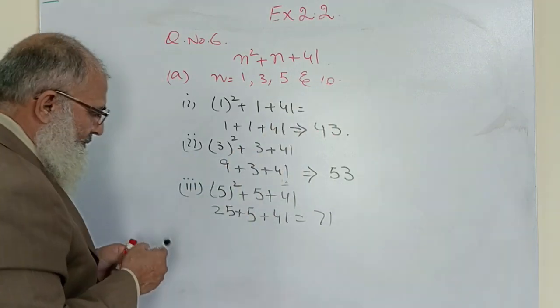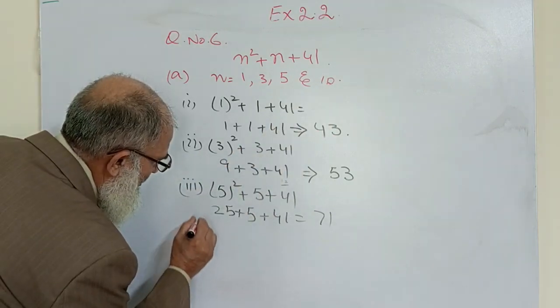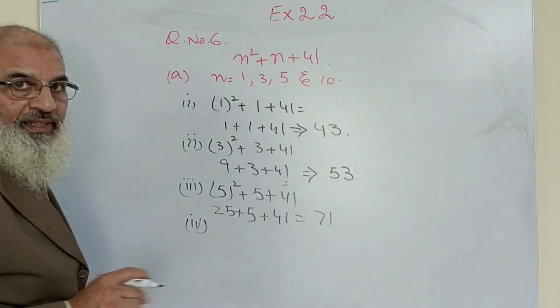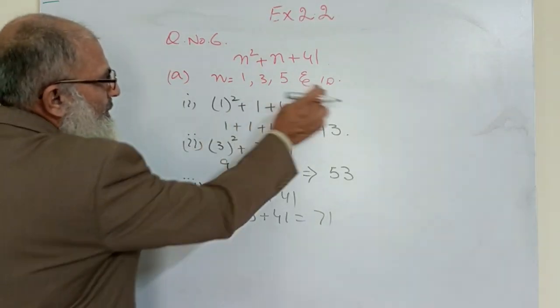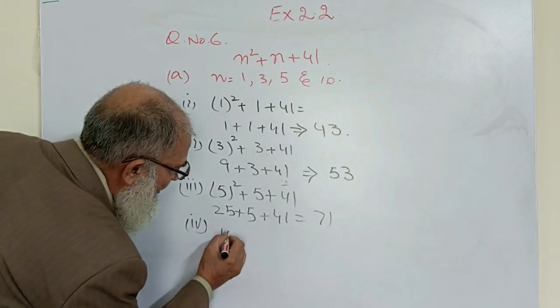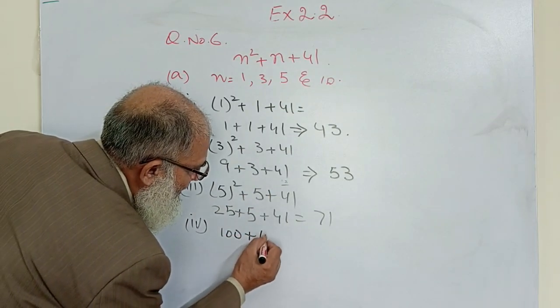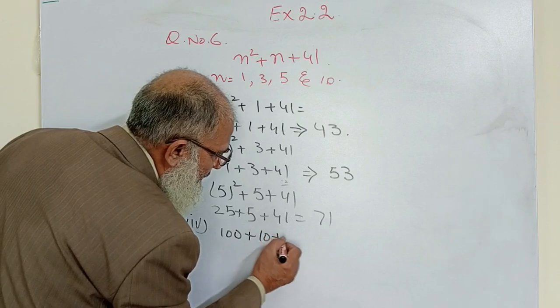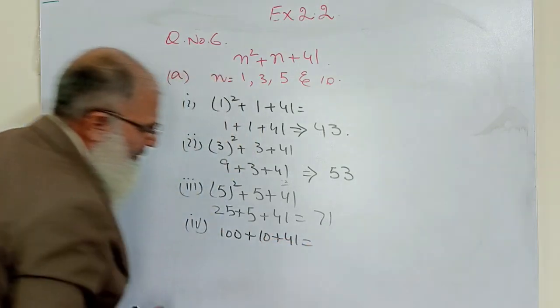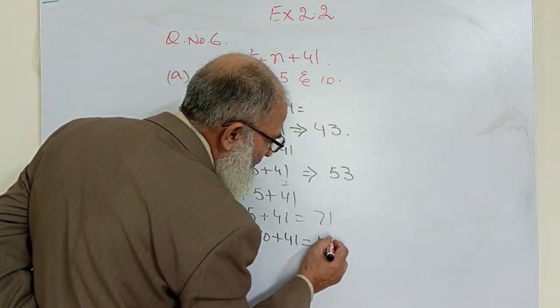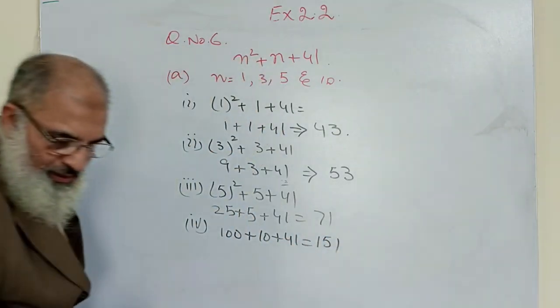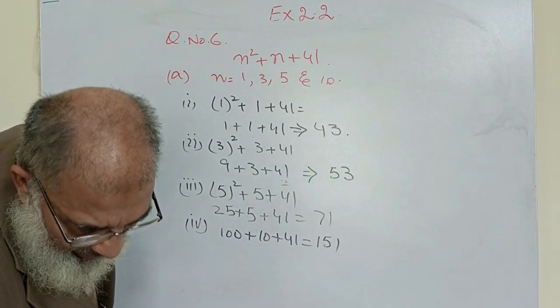This also, because part B relates to all the answers, will become 100 plus 10 plus 41. 110 and 151. This is our last answer.